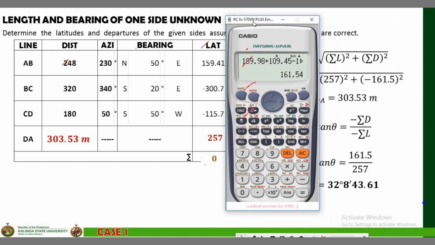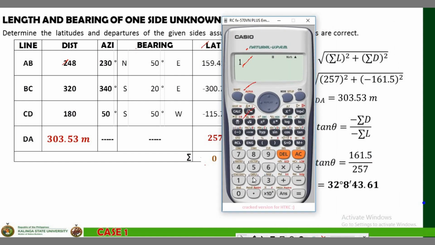Just use your calculator: 161.5 divided by 257, then take the arc tangent, that is equal to 32 degrees, 8 minutes, 43.61 seconds.